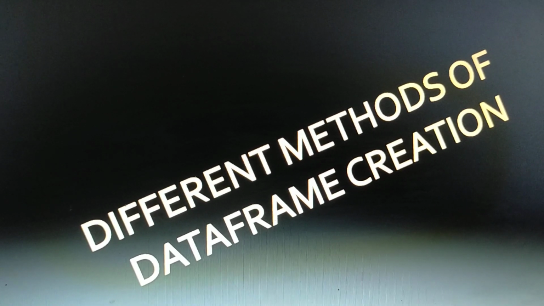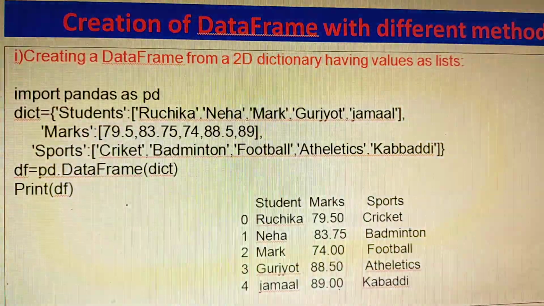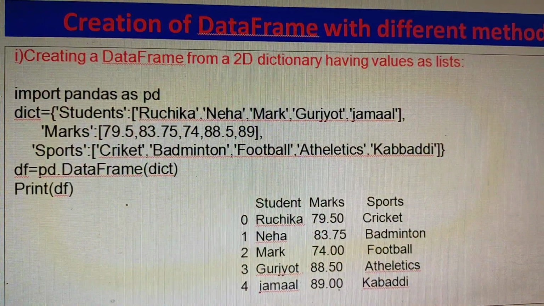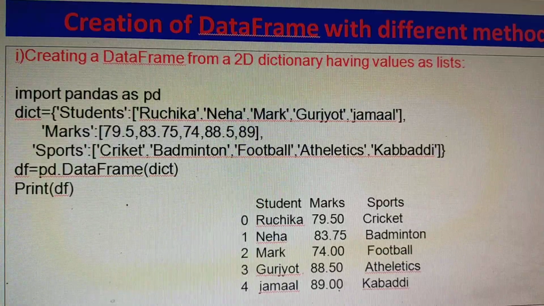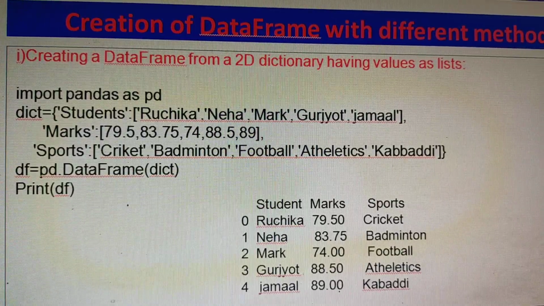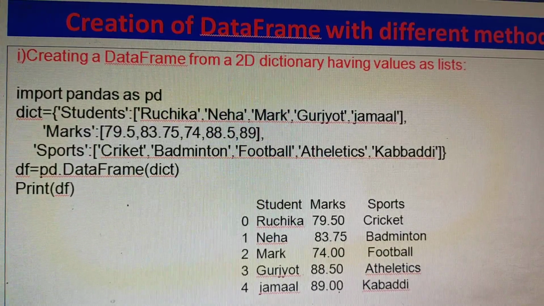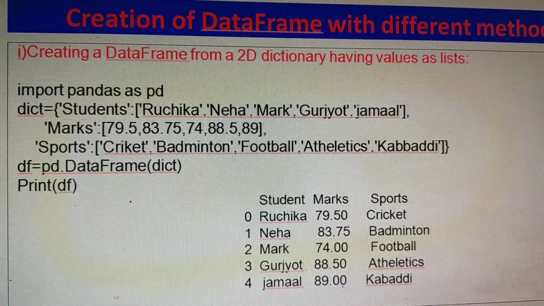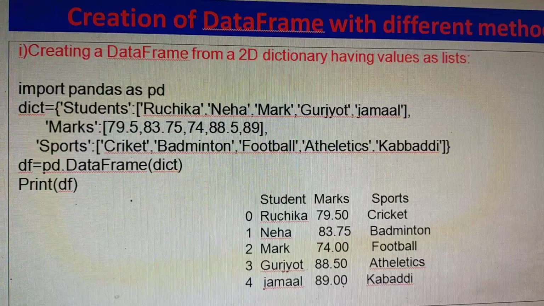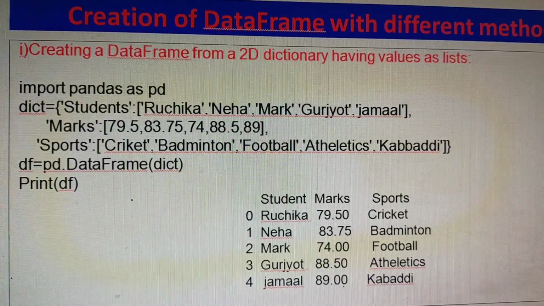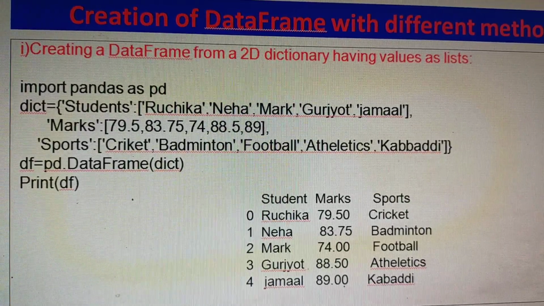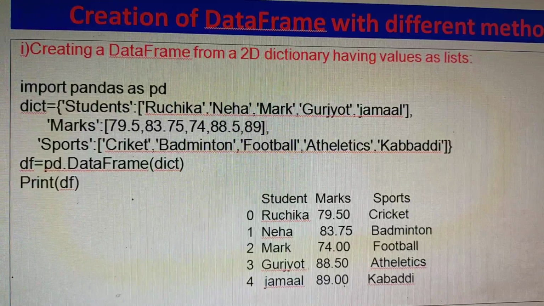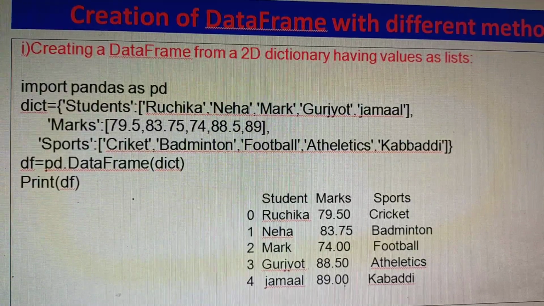So the first method is creating a data frame with 2D dictionary having value as list. Means I will create the data frame using the dictionary which will have the value as a list.